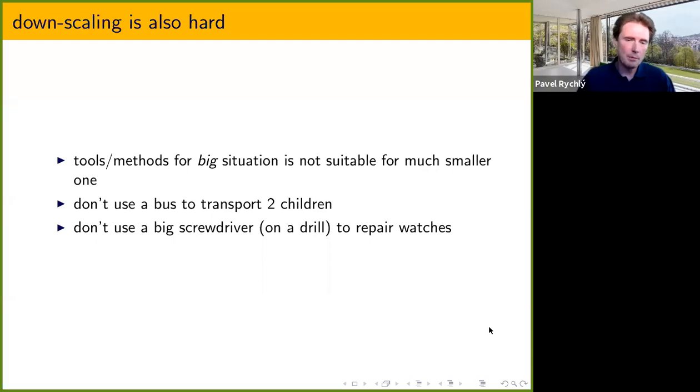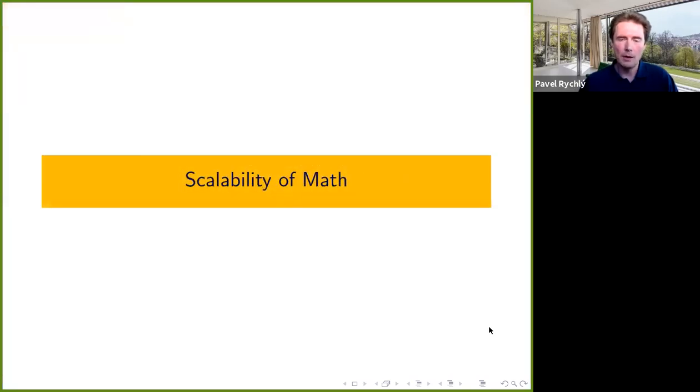We don't use some big screwdriver or drill to repair watches, because it does not fit, it does not work. This is the real world, and we are going to see how it works in mathematics.